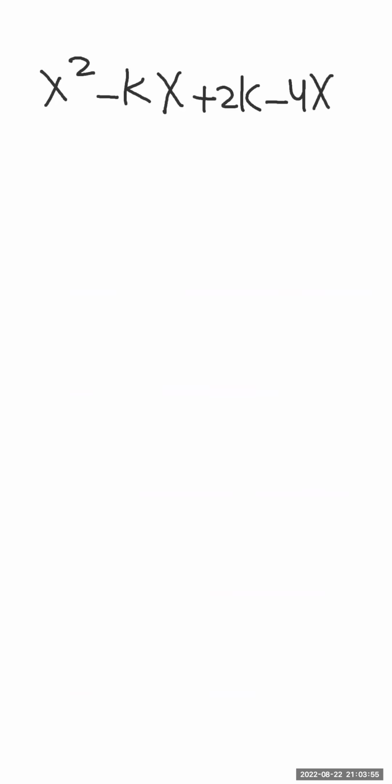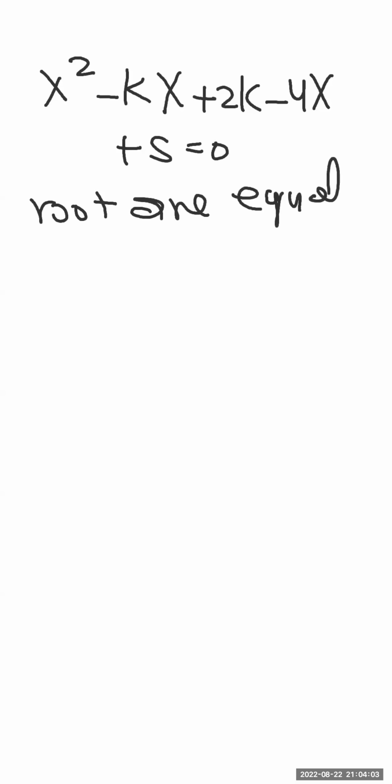If the two roots of the equation x squared minus kx plus 2k minus 4x plus 5 equals 0 are equal, find k and the two roots.